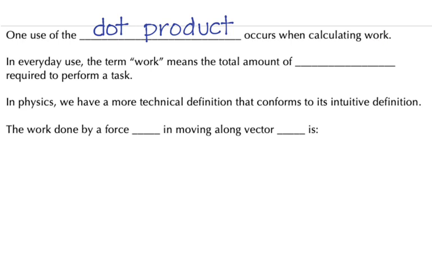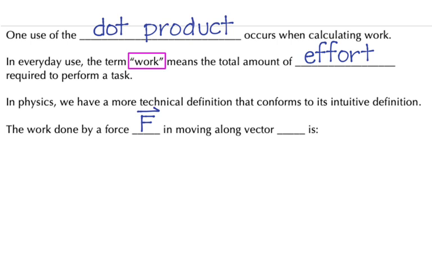It's a number, but it's a unit of measure that describes the amount of effort it takes. The units are things like foot-pounds. It's a quantity, one number.